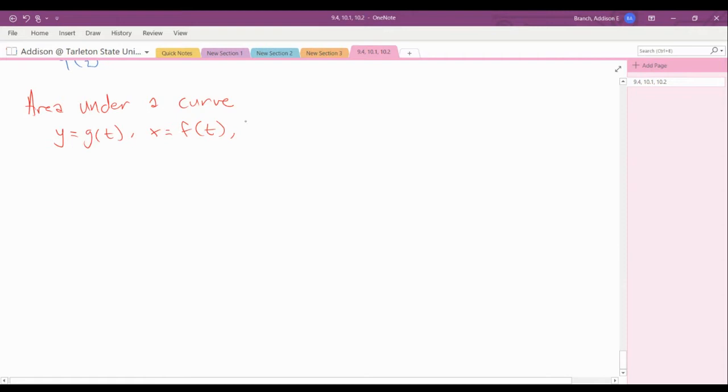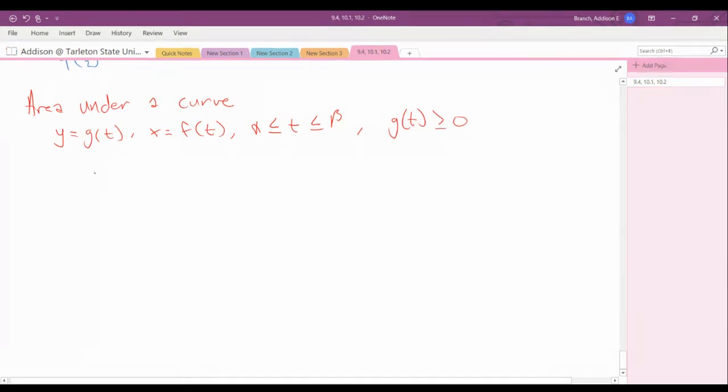And then we also know that alpha is less than or equal to t, which is less than or equal to beta, and g of t is greater than 0.